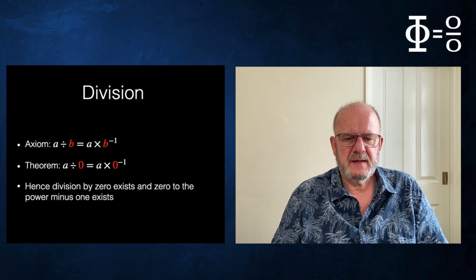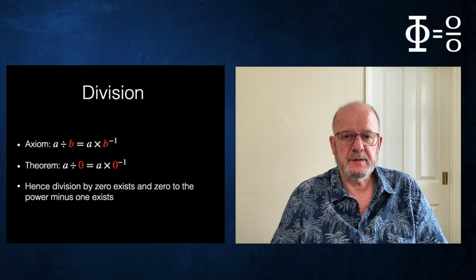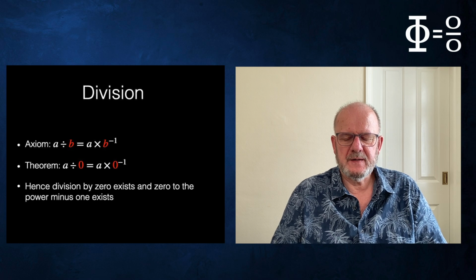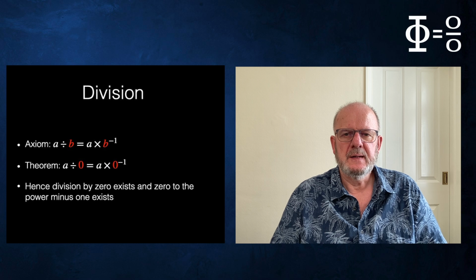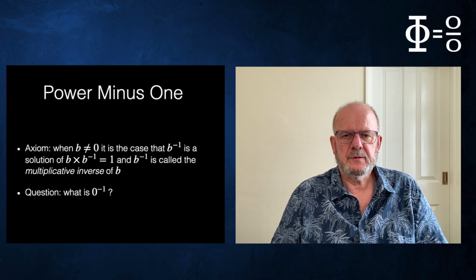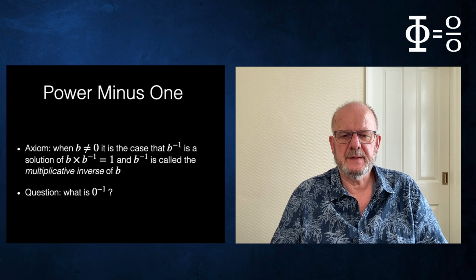If we're going to understand division by zero logically, then we need to know what the properties of 0 to the power minus 1 are. So let's explore, find some properties, let's find some pieces of the jigsaw puzzle and see if we can put them together into a meaningful picture. As usual, I'm going to define something called the multiplicative inverse, and I do that with an axiom.